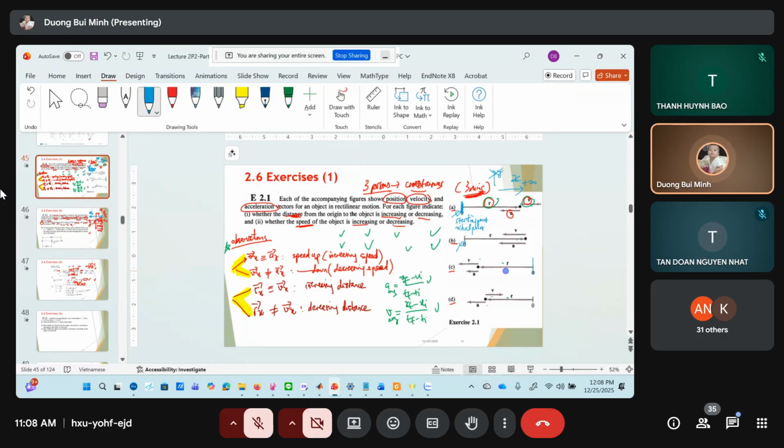We don't care whether V is negative or positive, or A is positive or negative. Of course, as I mentioned before, you can use the graphical representation and assume V is positive in this way and A is negative in this way. That's okay. But the quick way is that we just compare the directions between two vectors.